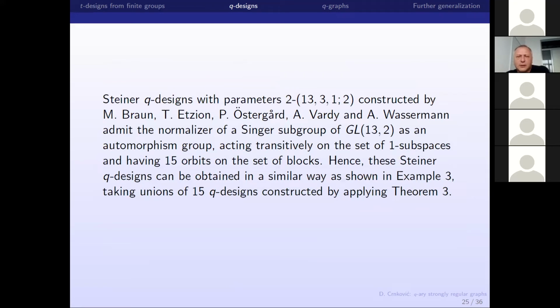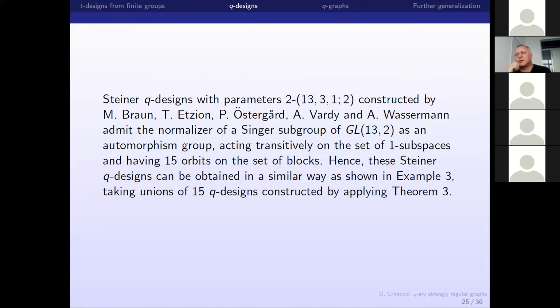And of course, in a similar way, that famous Steiner Q design with parameters 2, 13, 3, 1, 2, constructed by Michael Braun and others, admits the normalizer of a singer group of GL(13,2) as an automorphism group, which acts transitively on 1-spaces, but acts in 15 orbits on the blocks.